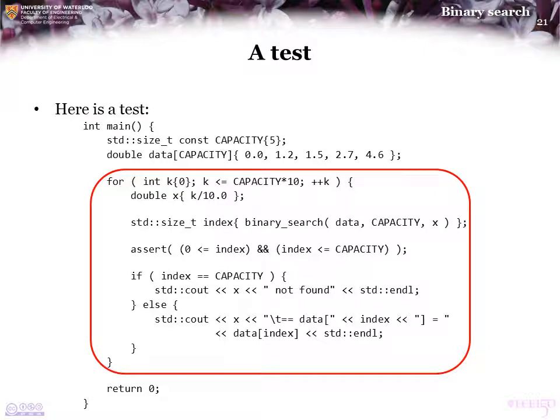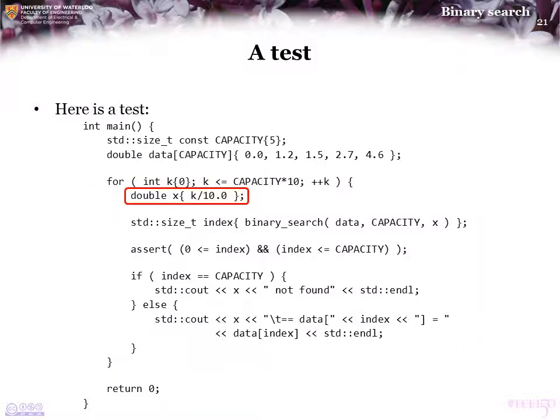So I'm going to have a loop here where k goes from 0 to 10 times capacity, and then x will be assigned k divided by 10. So what I'm going to do is have x being assigned the values 0, 0.1, 0.2, 0.3, all the way up to 5.0.